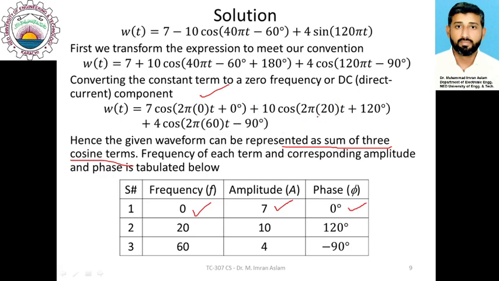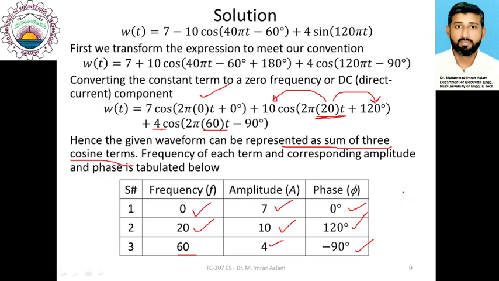For the second term the frequency is 20, and at frequency 20 the amplitude is 10 units, and the phase angle is 120 degree. And third, we have the frequency of 60 here, and at frequency 60 we have an amplitude of 4 units and the phase angle equal to minus 90 degree.